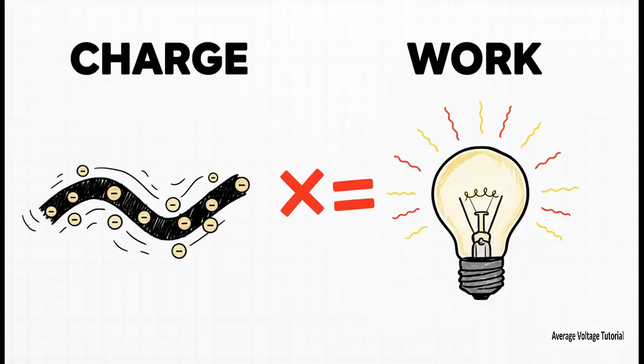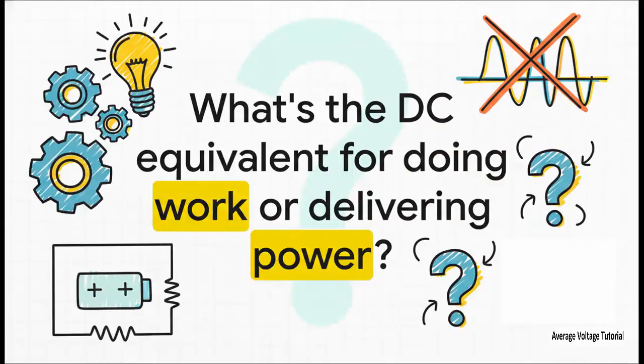That's a whole different ballgame. And that leaves us with one final fascinating question. If average voltage is the DC equivalent for moving charge, then what's the DC equivalent for doing work, for delivering power? Well, that number is arguably even more important in the real world, and it's exactly what we're going to tackle next time.